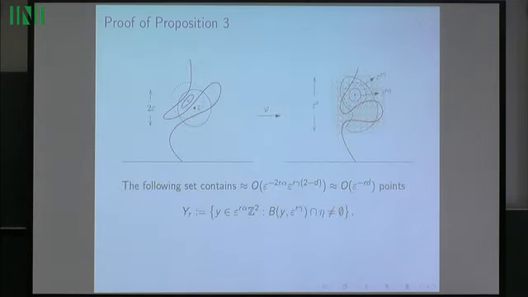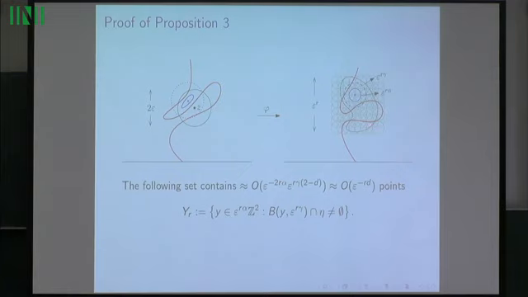And then we claim that we look at this set Y_r, which is the set of Y centered on this lattice such that if we draw a ball of radius epsilon^(r gamma), it does intersect the curve.